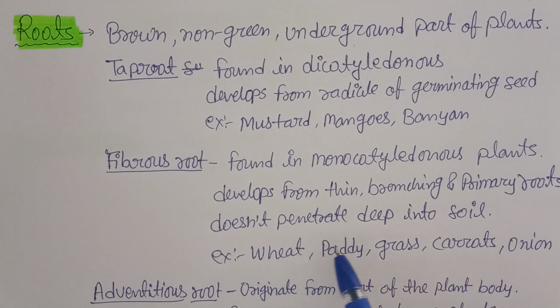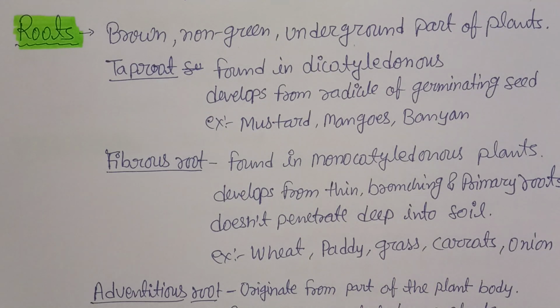They don't penetrate deep into the soil, that is their property. Examples under fibrous roots are wheat root, wheat plant, paddy root, grass, carrot, onion. These are the different examples of plants having fibrous root.